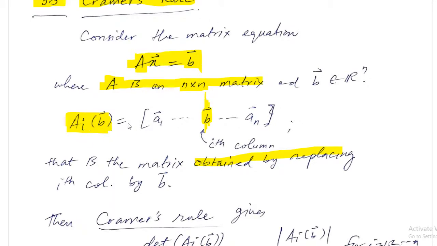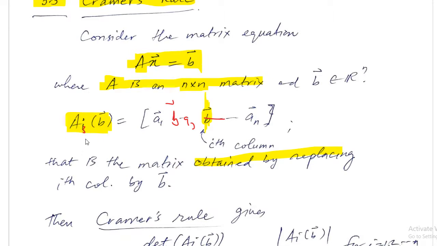For example, if I want to write A1b, A1b is replacing A1 by b. I will replace A1 by b, I will get A1b. If I replace A2 by b, not A1, if I replace A2 by b and then A3, A4 and so on, right, so on, then I will call it A3b.